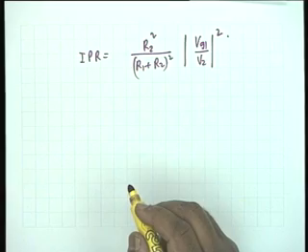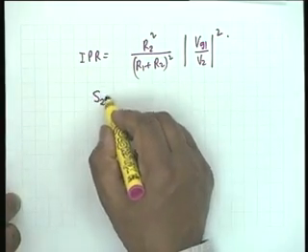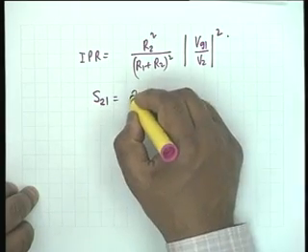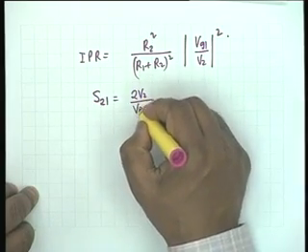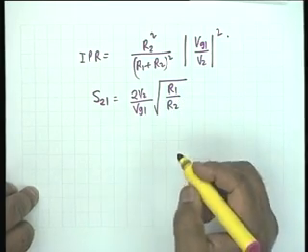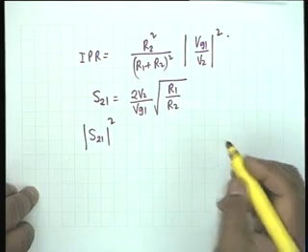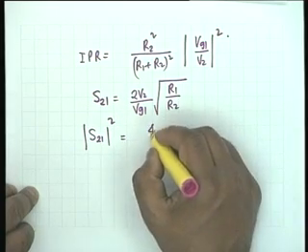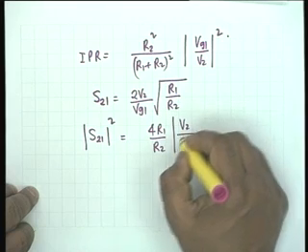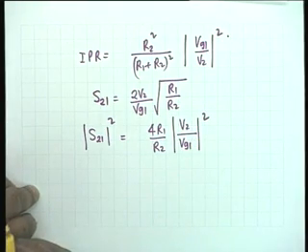Is that okay? Now you also recall that S21 is given by twice V2 by Vg1 square root R1 by R2. So what is S21 squared? That is equal to 4 R1 by R2 V2 by Vg1 whole squared. Agreed?